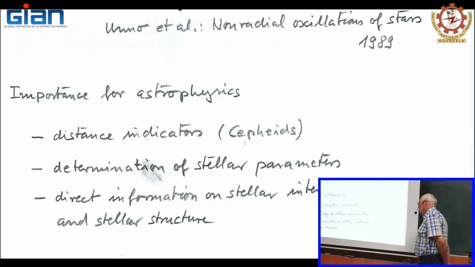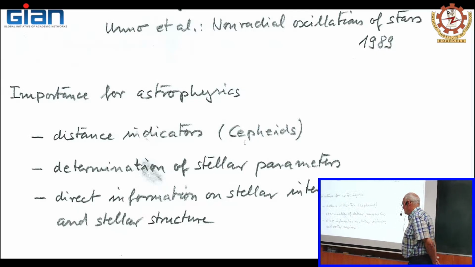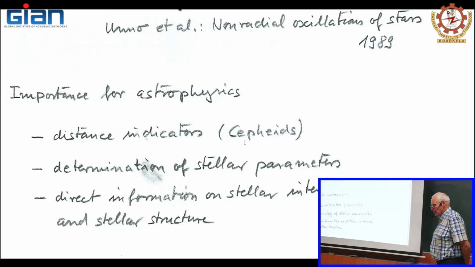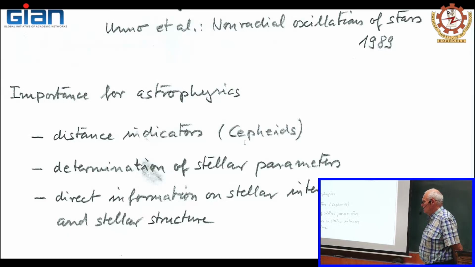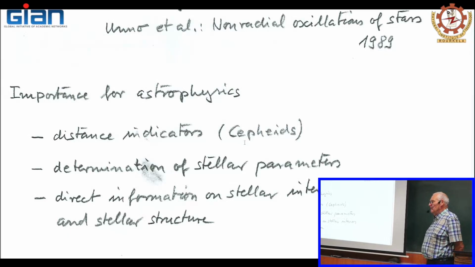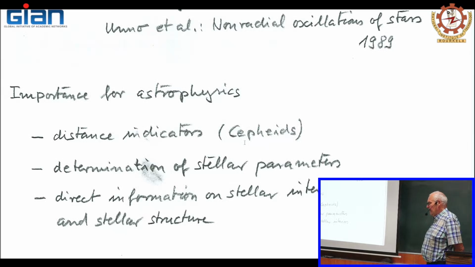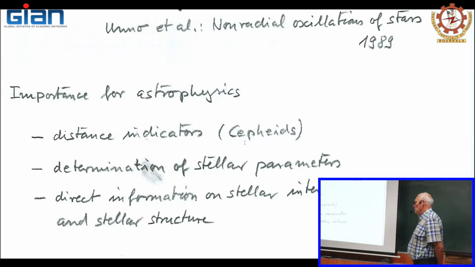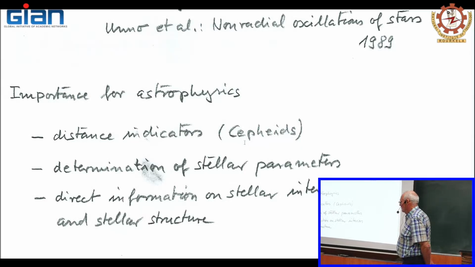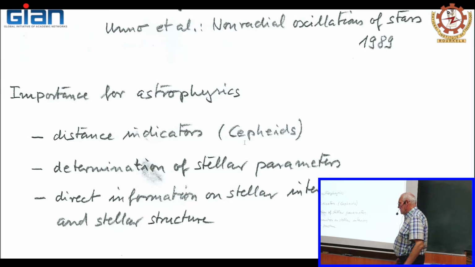And an active field of study now is that we can get direct information from the spectrum of pulsation frequencies on stellar interiors and stellar structure, and also on stellar evolution. This is the very active field of helioseismology and astroseismology. In this field, we can directly look into the star, which we cannot do using the electromagnetic spectrum.